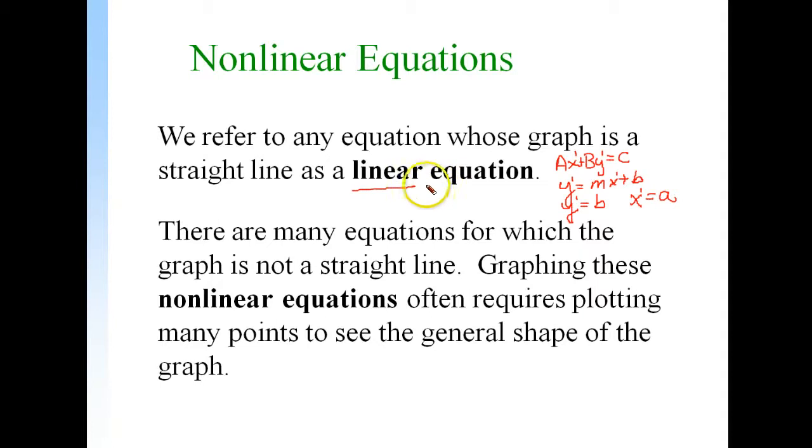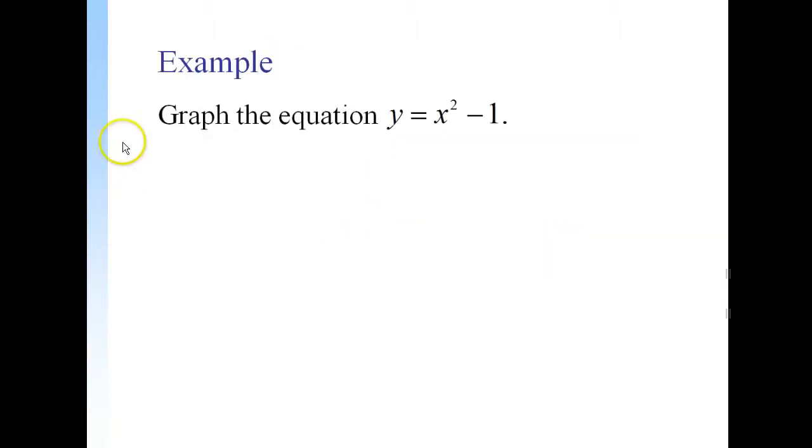Now, graphs of nonlinear, and we're not actually going to be doing much of them, although just to fancy it a little bit, let's take a look at one. Now, notice this is sort of in slope-intercept form, but here our x is to the second power. Anytime you have either x or y to the second power, you get not a straight line, but a curve.